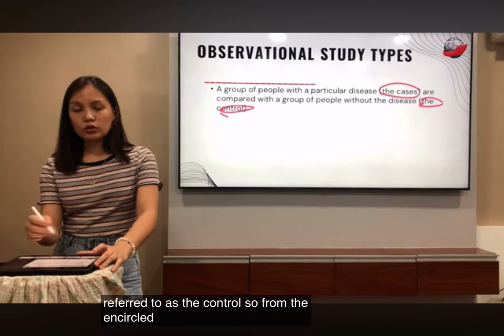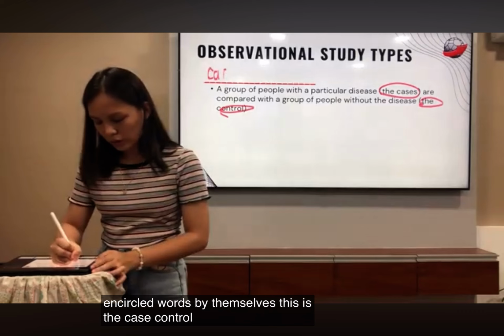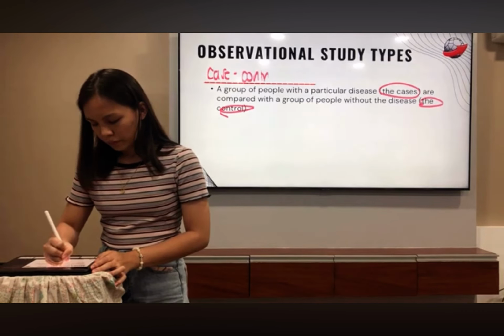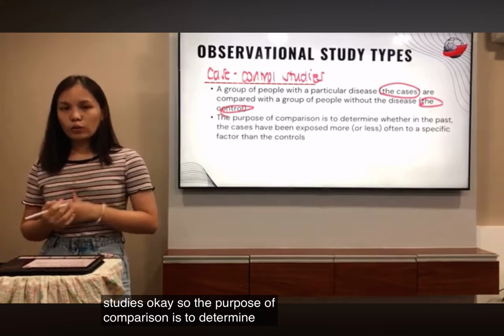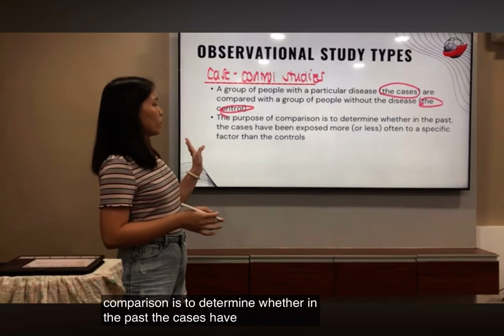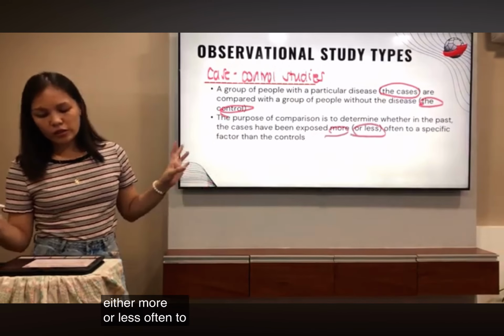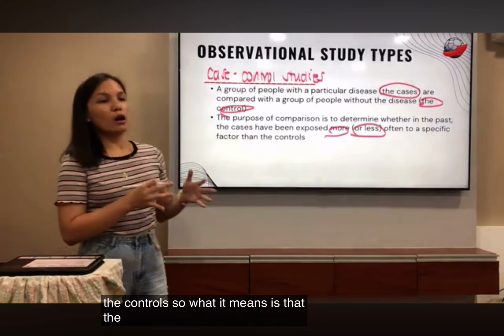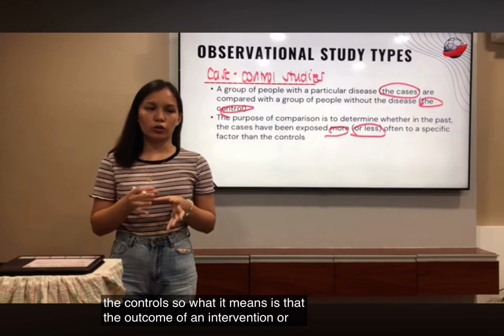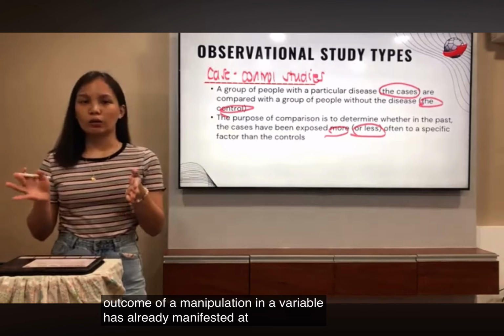So from the encircled words by themselves, this is the case control study. The purpose of comparison is to determine whether in the past the cases have been exposed either more or less often to a specific factor than the controls. So what it means is that the outcome of an intervention or of a manipulation in a variable has already manifested at the present time.